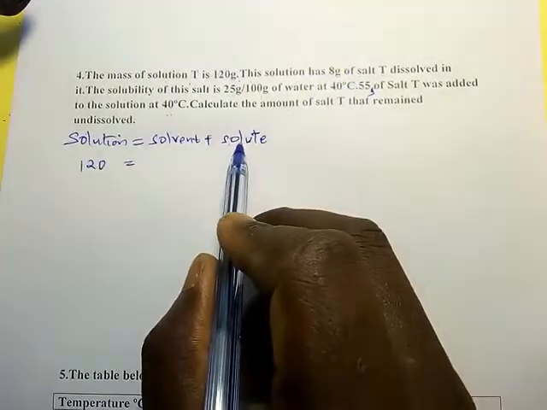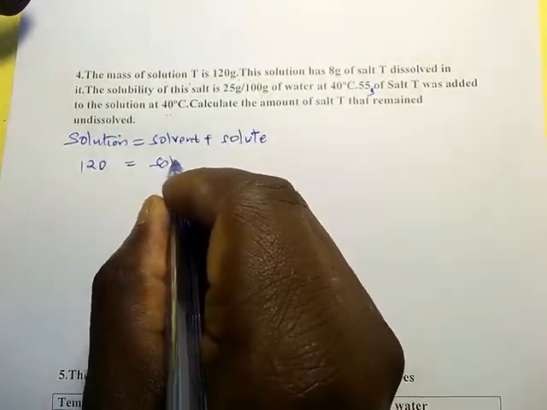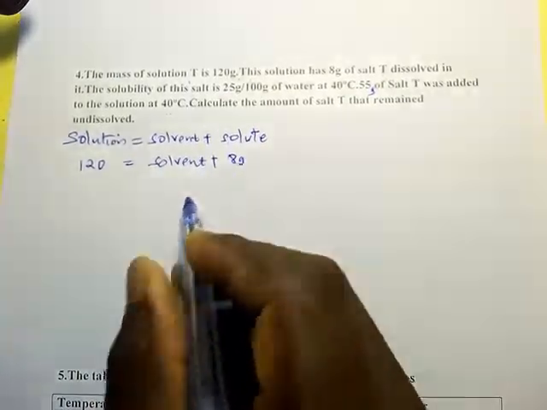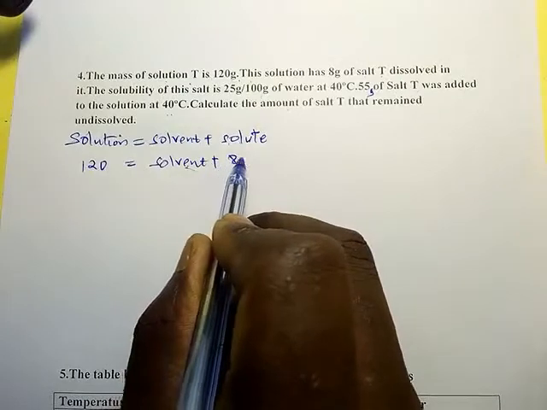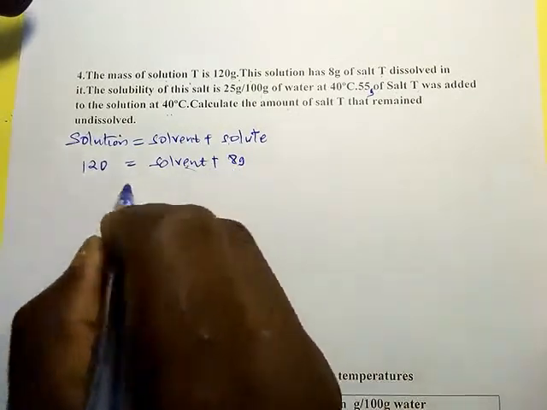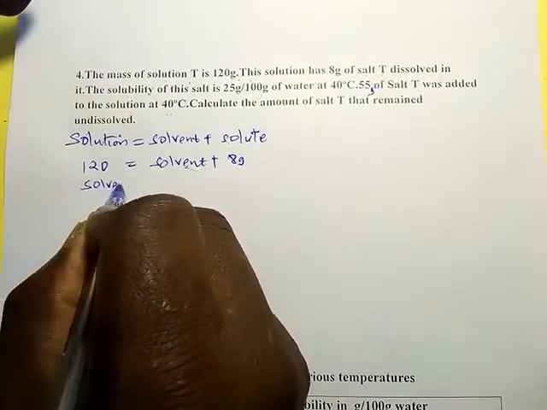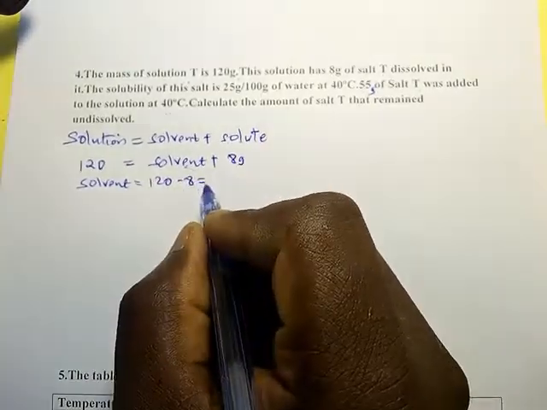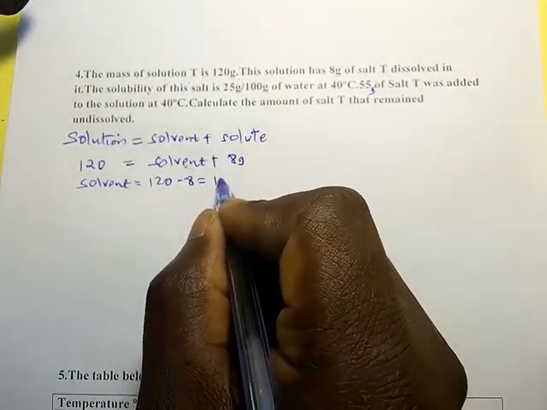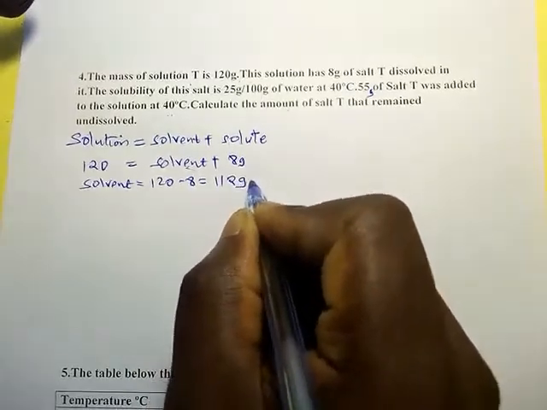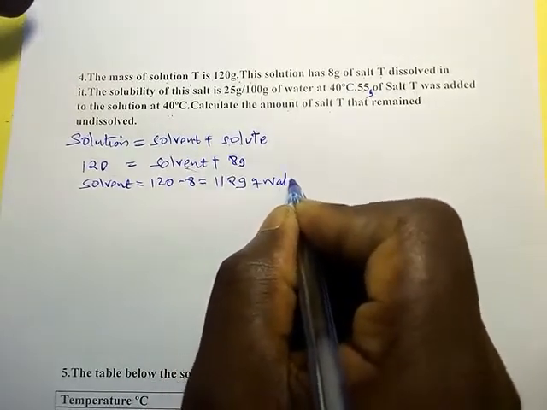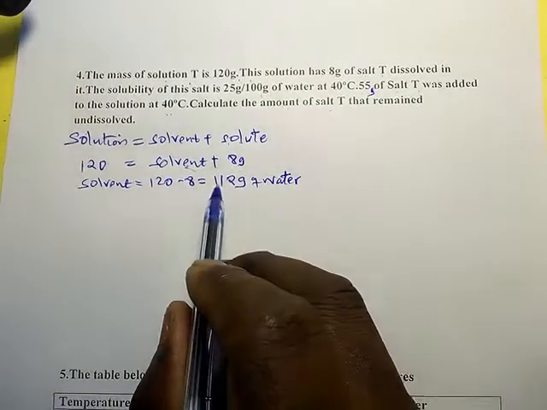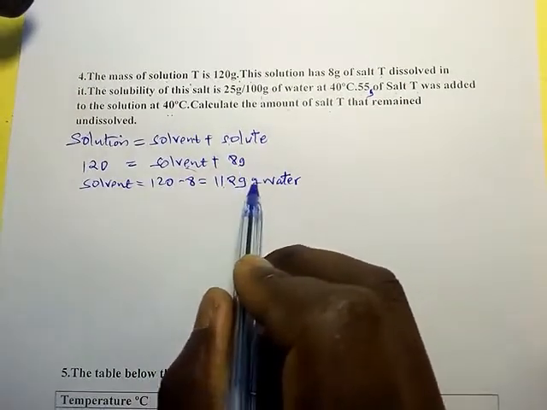Now the solvent we don't know, plus 80 grams. Now we can get the solvent by itself. So solvent is equal to 120 minus 80, and that is 40 grams of water. Very good. So we have 40 grams of the solvent.